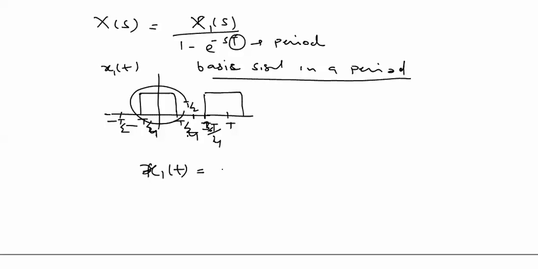x1(t) is 1 for minus t by 4 to t by 4, otherwise 0 for a period.